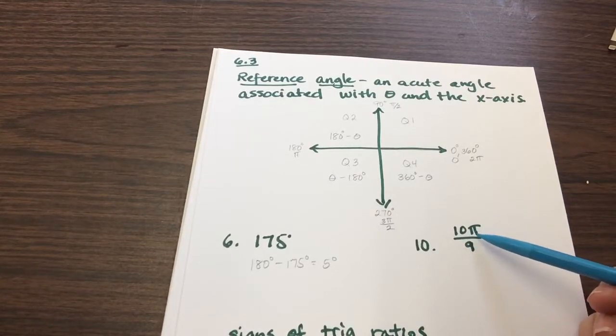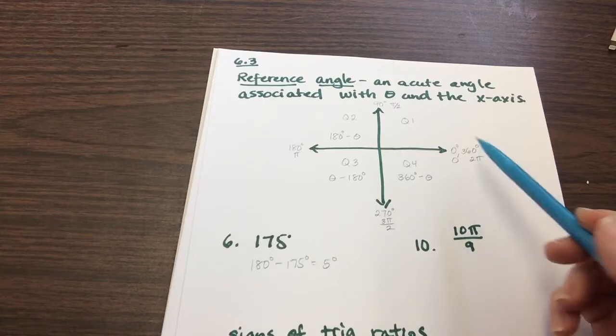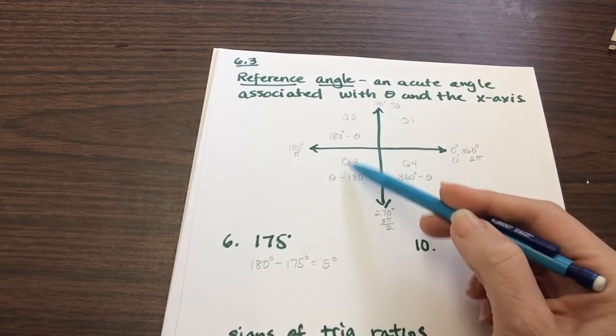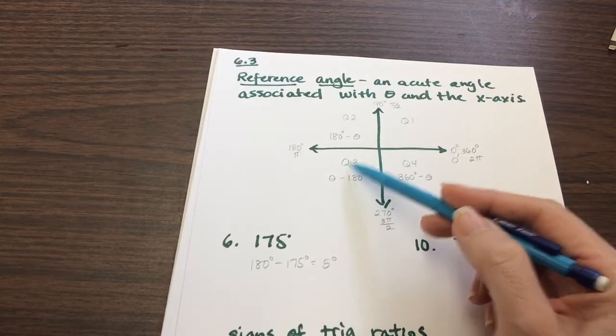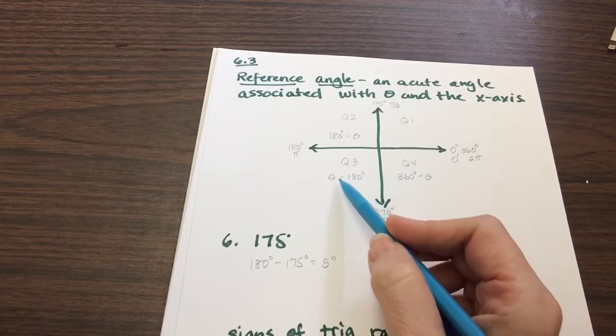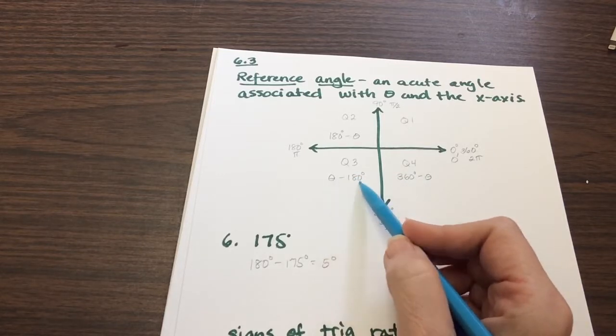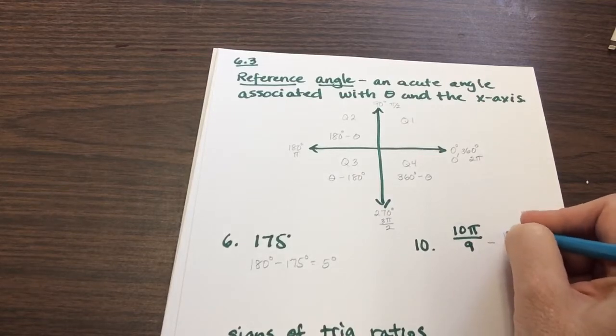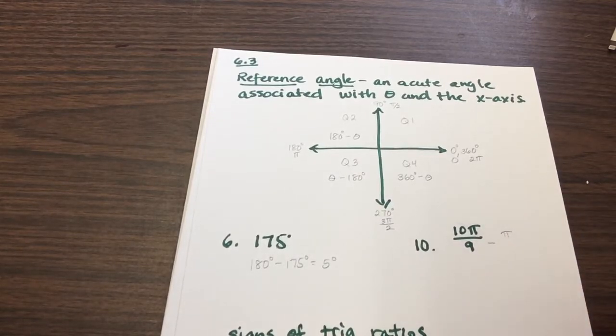So 10 pi over 9. Alright, where is that? Well, 9 pi over 9, or pi, would be right there. So this is a little bigger than that. So I'm looking at quadrant 3, which means that I'm going to subtract theta minus 180, or if I'm in radians, theta minus pi.